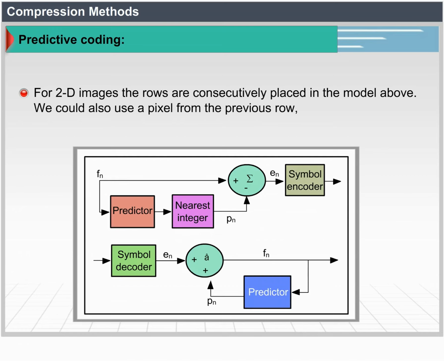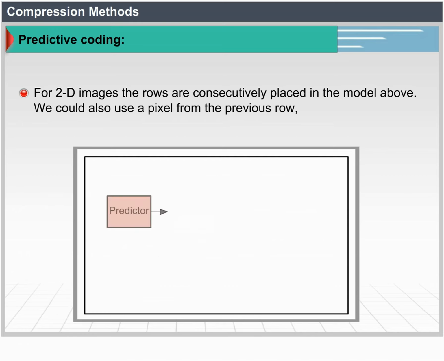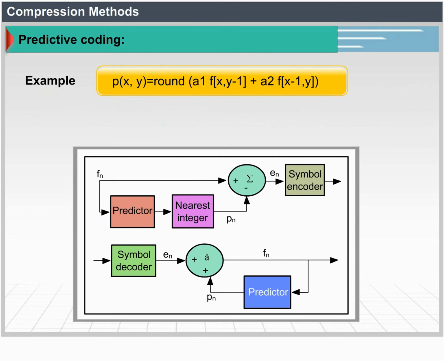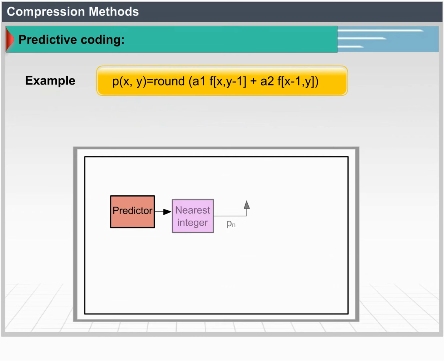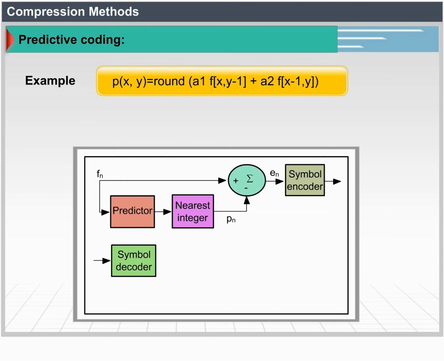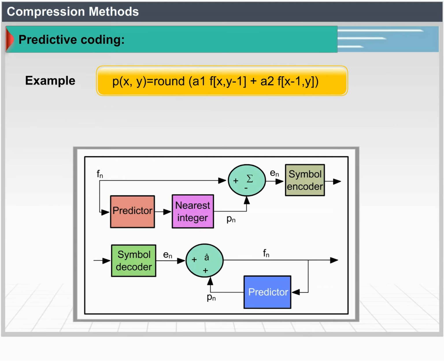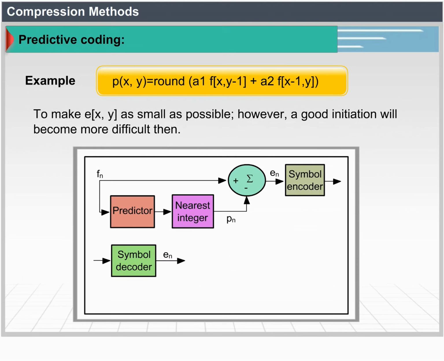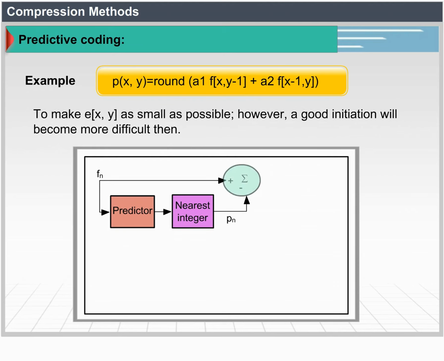We could also use a pixel from the previous row. For example, p(x,y) equals round of a1 f(x, y minus 1) plus a2 f(x minus 1, y), to make e(x,y) as small as possible. However, a good initialization will become more difficult then.